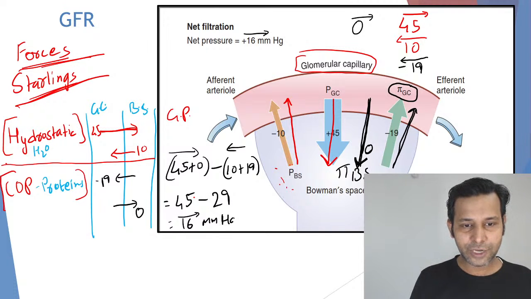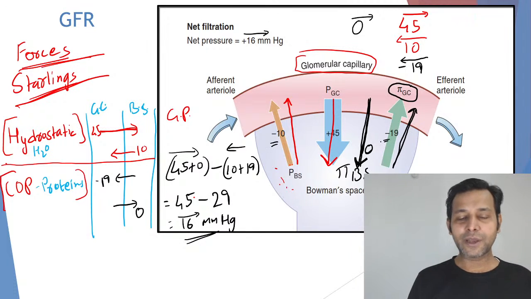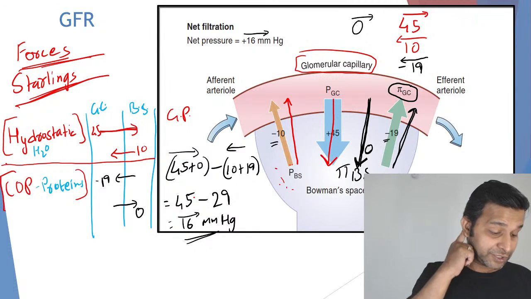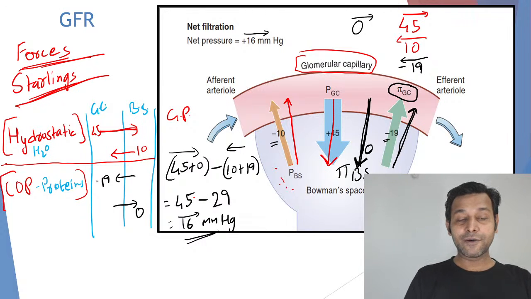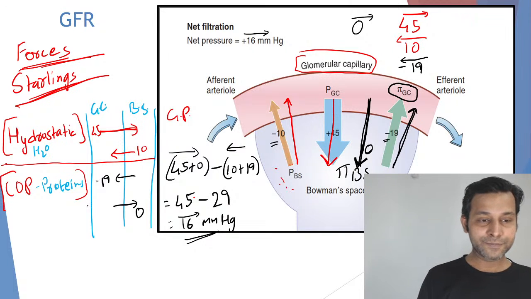That's the best way to calculate GFR. I don't really follow this concept. I follow the concept of direction, which is moving, and hence you get the idea of in which direction. Let me give you one more question for your solving.